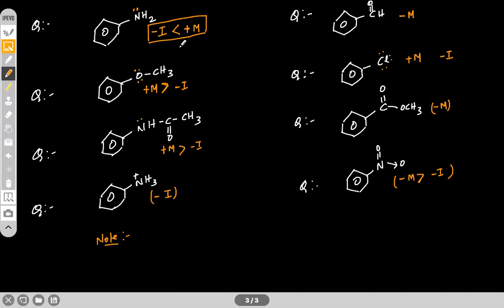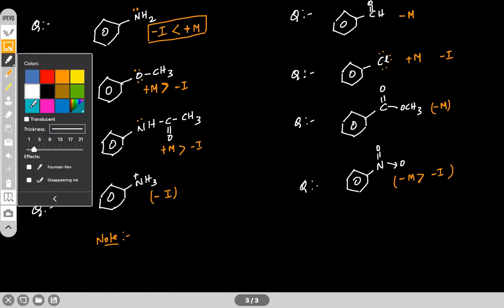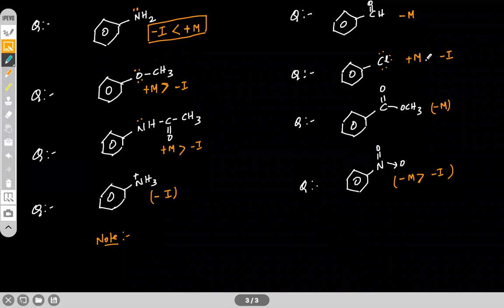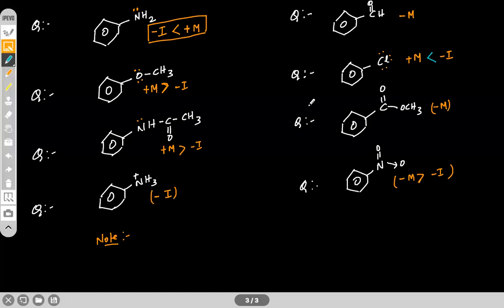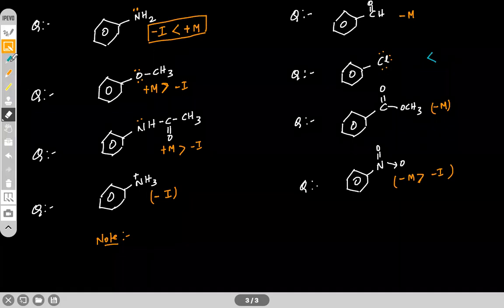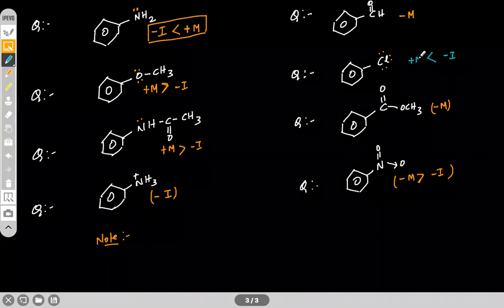Okay. In case of chlorine, it is an exception. Chlorine has plus M and minus I, but its minus I effect dominates plus M effect here. So this is an exception we have. Minus I of chlorine, plus M of this.